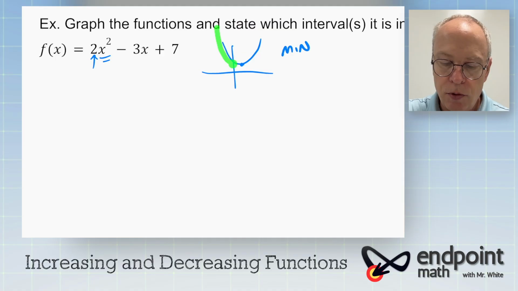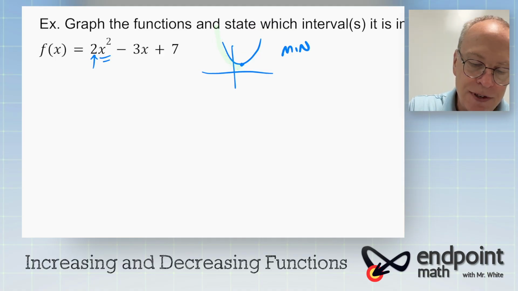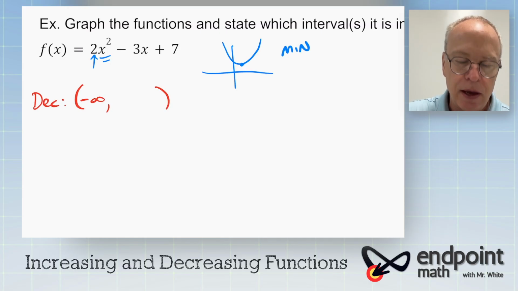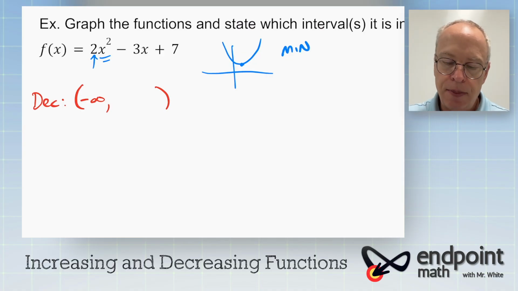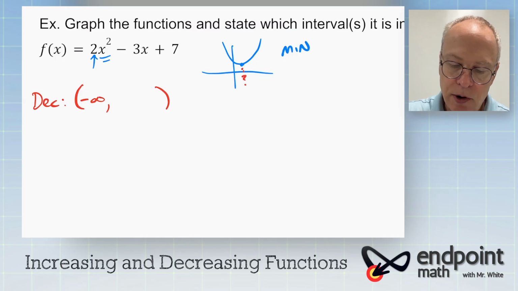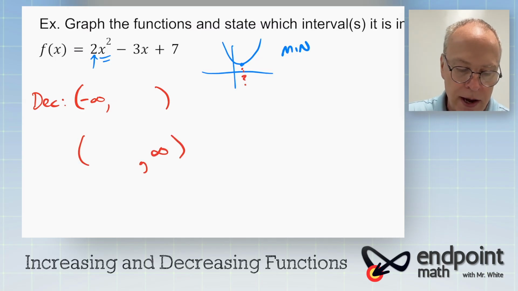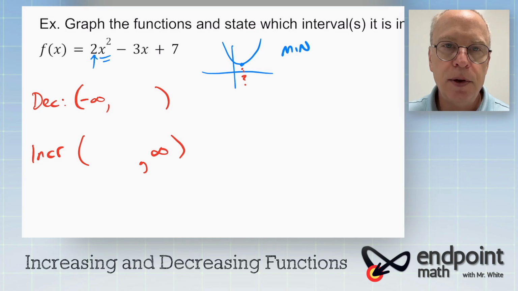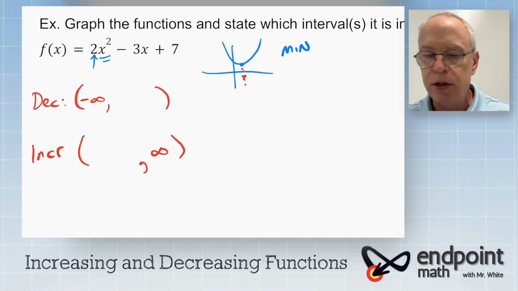So you know there's going to be a region of decreasing from negative infinity all the way to something. We're going to figure that out. And then, whatever this number is, that's where we're going to start increasing, and we're going to go all the way to infinity. So we kind of know what to expect. We just have to figure out where this happens. So how could we do that?